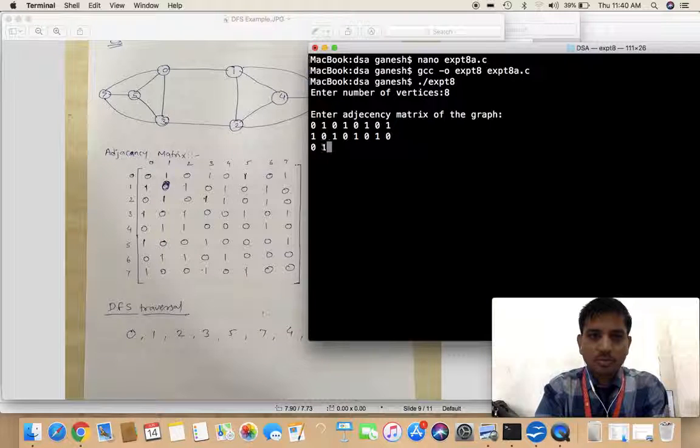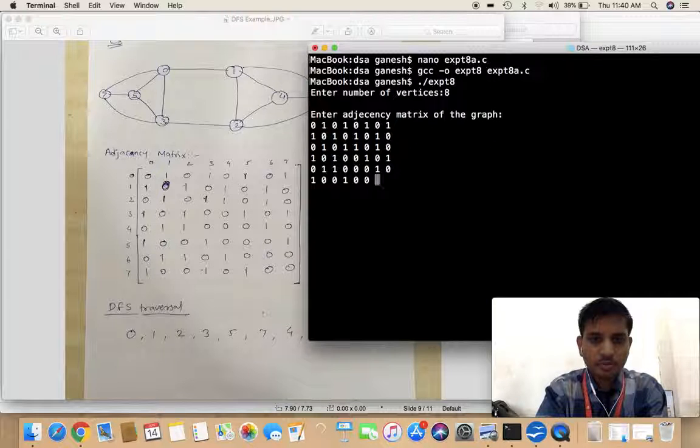Next one is 0 1 0 1 1 0 1 0, then 1 0 1 0 0 1 0 1, then the fourth 0 1 1 0 0 0 1 0, then the fifth 1 0 0 1 0 0 0 1, the last one is 1.